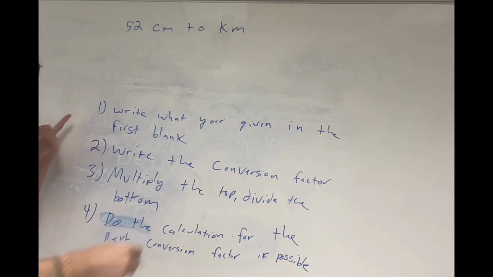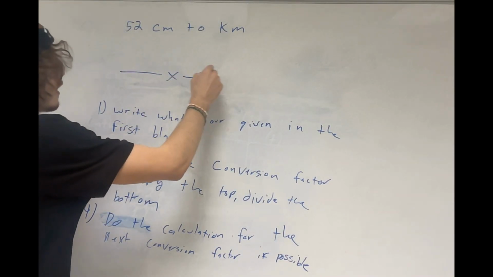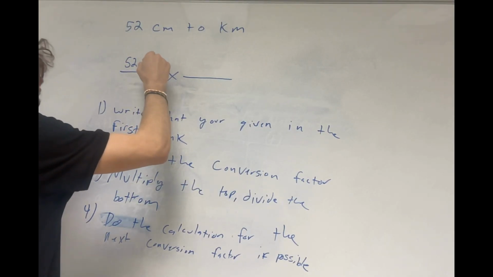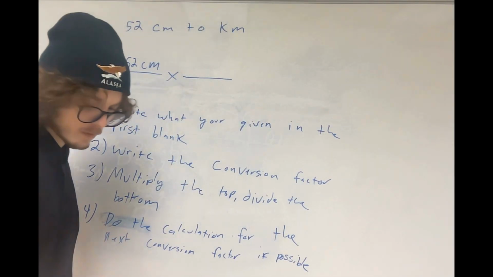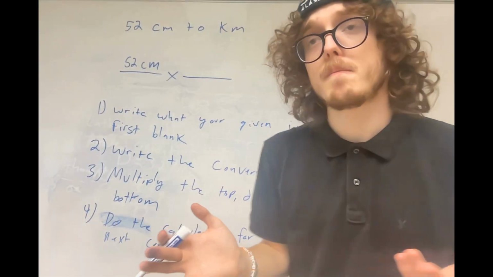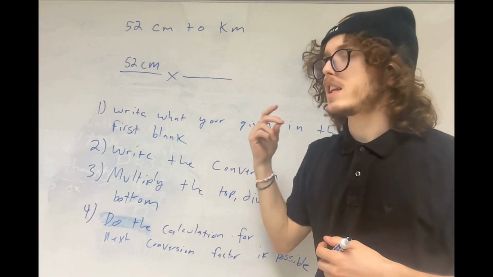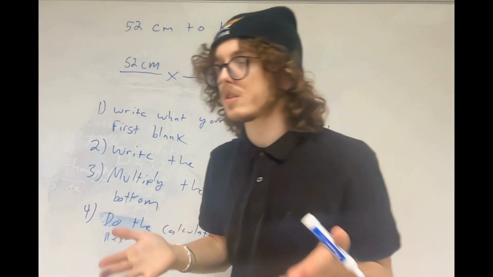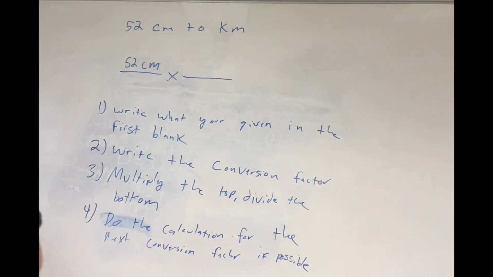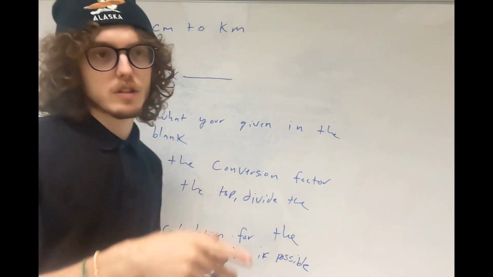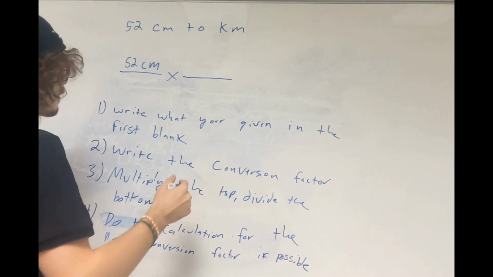So let's do step 1. Let's make our tree. Let's do just one out. 52 centimeters. Well, what's the conversion factor to kilometers? Do you know that off the top of your head? A rational chemist might be able to figure it out, but it's not the most intuitive thing, and it's not worth your time to be thinking about these things. Instead, what we're going to do is define 2 conversion factors, and let's see what this looks like.